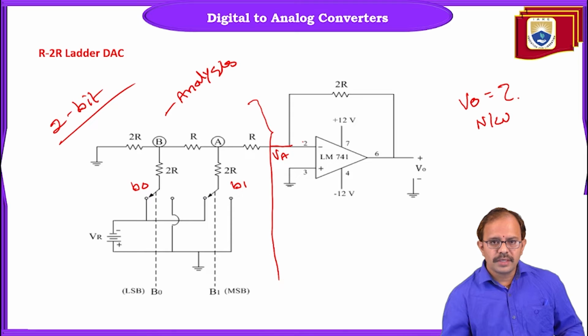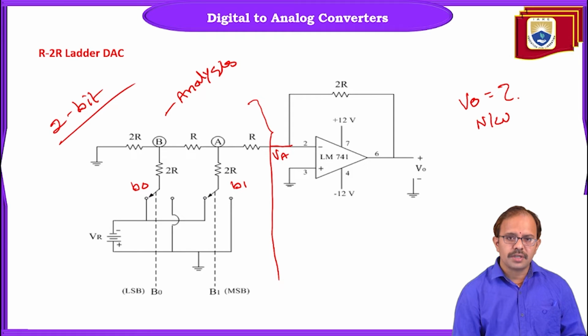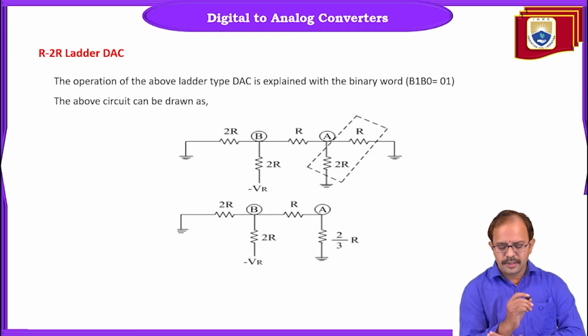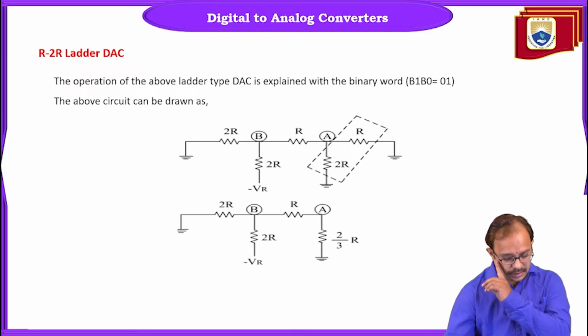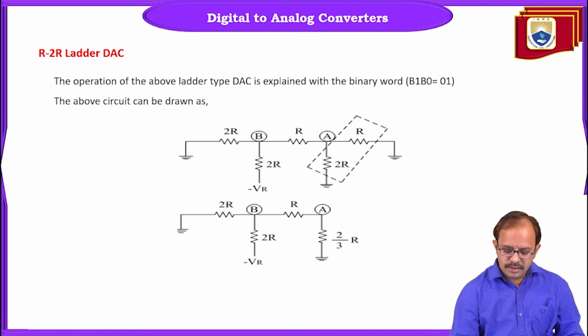VA is the voltage applied to the inverting terminal of the op amp. So now let us consider this portion of the network. Once we consider the network connected to the inverting terminal, the resistors R and 2R seem to be in parallel.